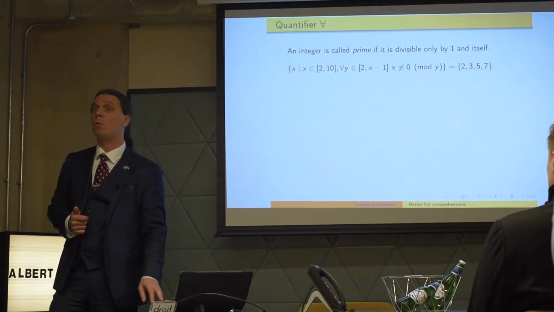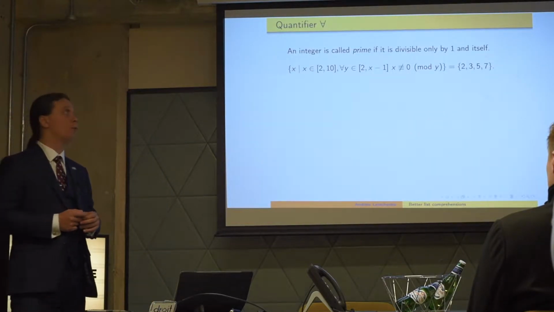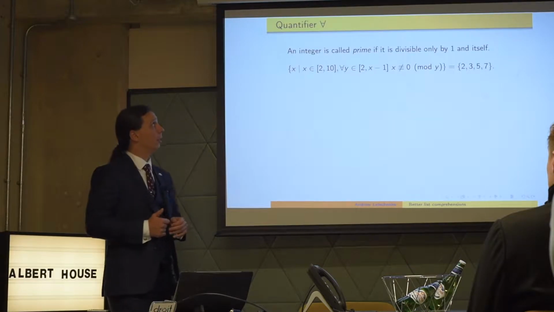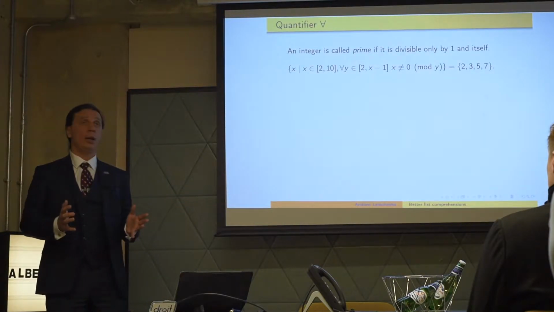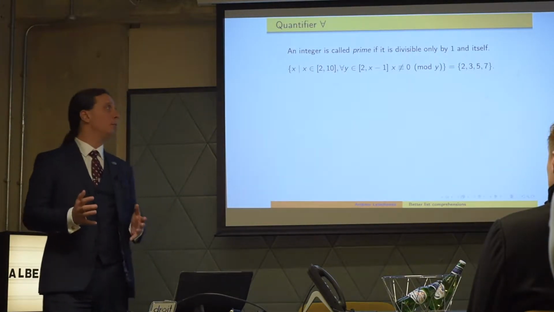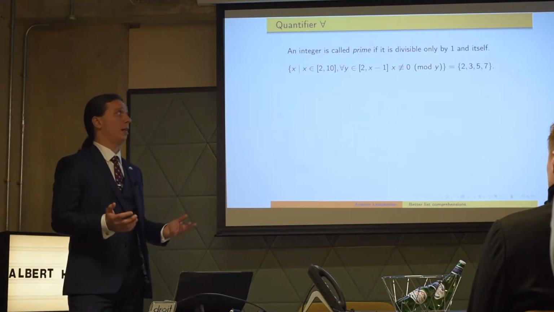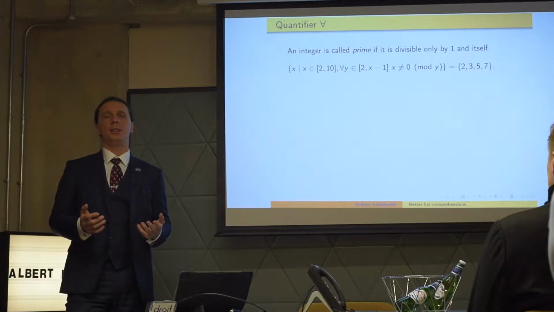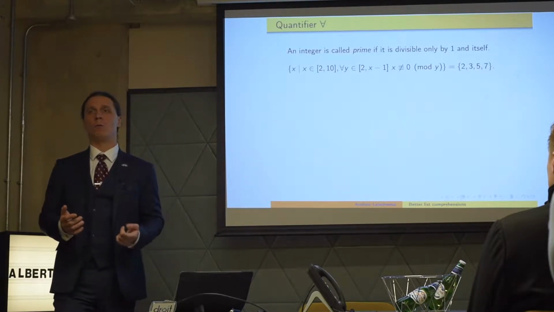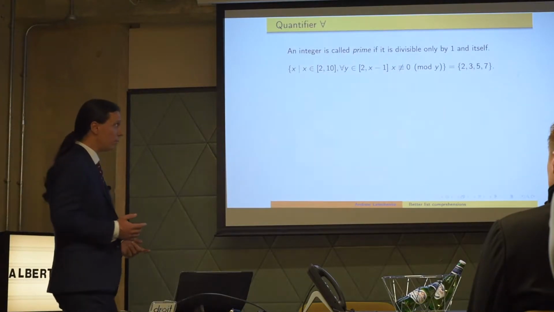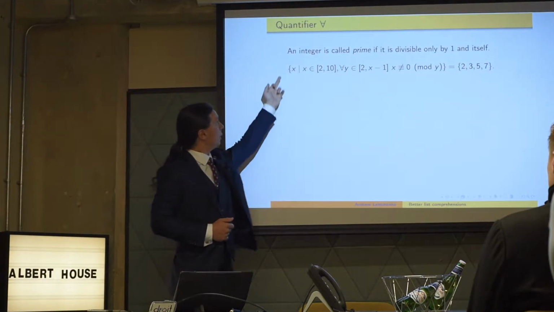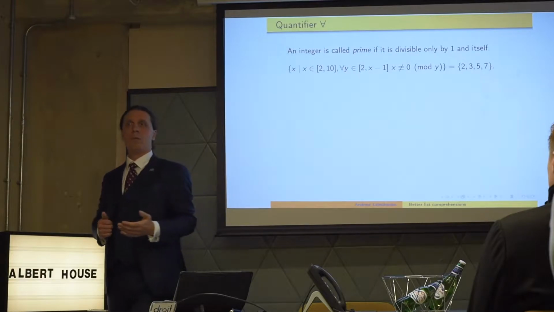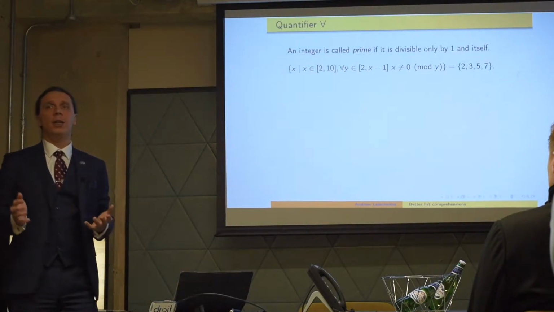And one more quantifier, for all. An integer is called prime if it's divisible only by 1 and itself. So every integer is either 1, or composite, or prime. So here is a set builder notation for prime numbers between 2 and 10.